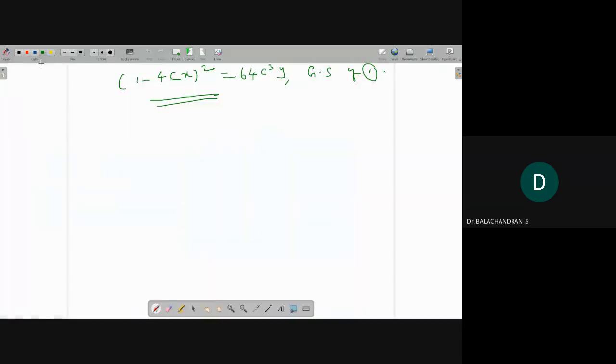Still have time, so we'll solve one more problem. Solve p square x plus py minus y power 4 equal to 0.